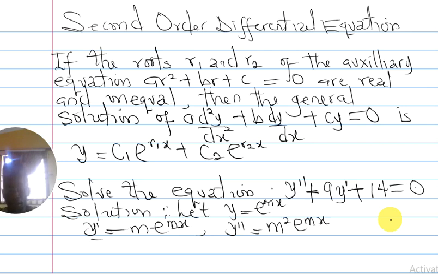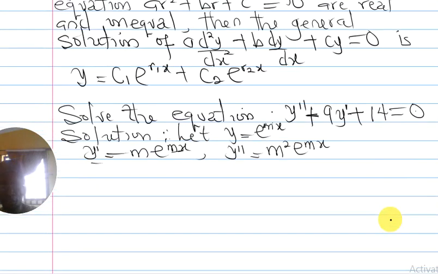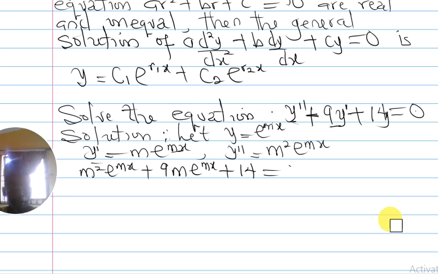Now let me input everything into this equation. I can have m square e raised to power mx plus 9m e raised to power mx plus, sorry, this one is 19y, sorry for that, this one is 14y, so 14 e raised to power mx as well, everything equal to 0.